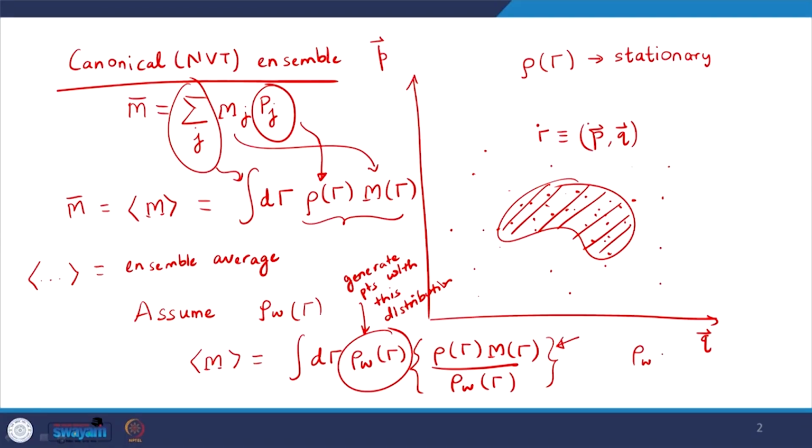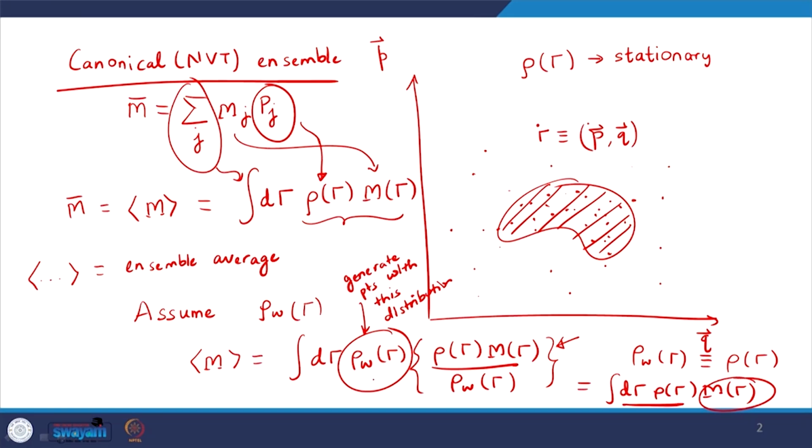Now, a clear choice, you may imagine, is to take rho_w(gamma) to be rho(gamma), the same as the probability density that is present. If we do that, we are pretty much sampling according to the rho(gamma) distribution, and in that case I will simply be averaging over the m(gamma) values.